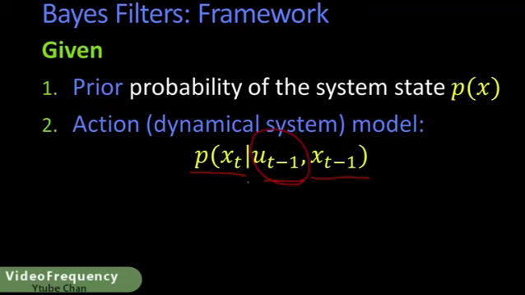The world is sometimes schizophrenic about whether you think of the input as happening just after the last measurement, so it was u at t minus 1, or u happened now and I want to estimate what the state is now. So whether it's u_t or u_{t-1}, it's whatever you're going to add on to x_{t-1} in order to make your prediction about x_t. All right? So we're given these two things. We're given a prior and action model.